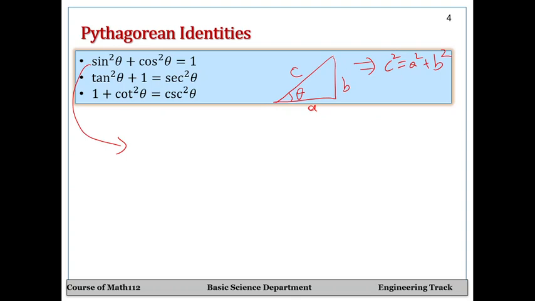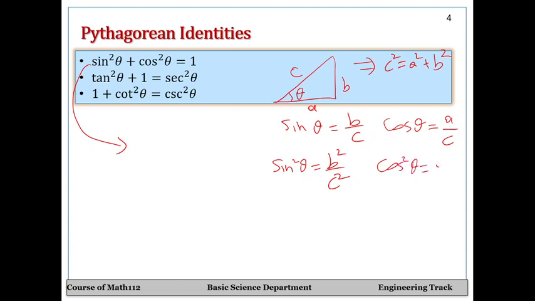Now let's look at this one. What is sine theta? Sine theta is B over C, and cosine theta is A over C. If you square both sides, you will get sine squared theta as B squared over C squared, and cosine squared theta as A squared over C squared.